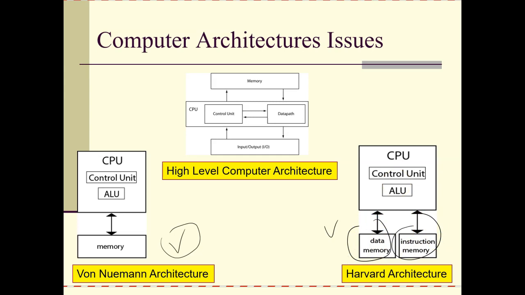The idea came in the 1940s, when Harvard and Princeton had a computer design contest, and these are the designs they came up with, and it has stuck ever since. So von Neumann is also sometimes known as the Princeton architecture. The technical definition is slightly different, but this is good enough for us. Harvard has 2 separate memories; von Neumann has 1 memory for both data and program.